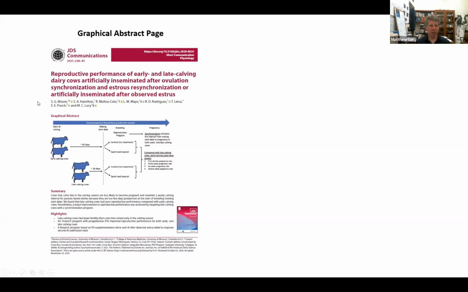It contains the title, all of the authors. The graphical abstract, which we're going to be talking about today, is in the center. And then it also includes your summary and your highlights. So one of the things to remember is your graphical abstract doesn't necessarily have to say it all, because it's going to be nested within this graphical abstract page.